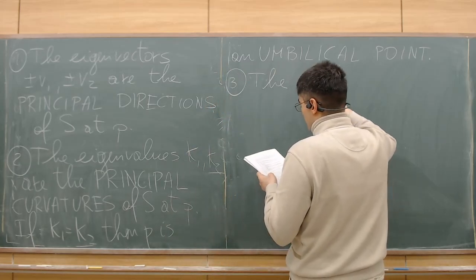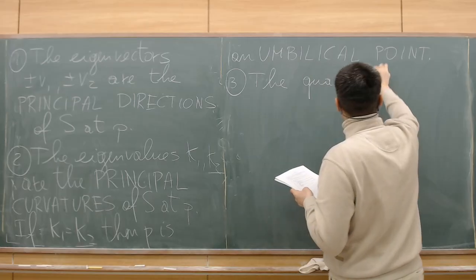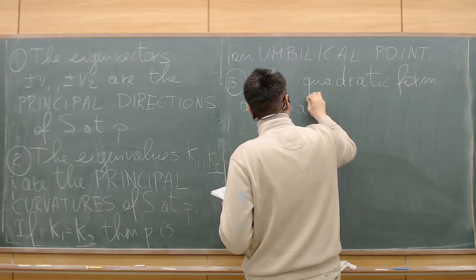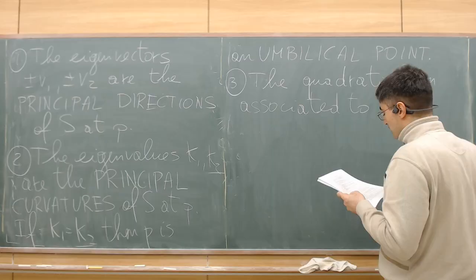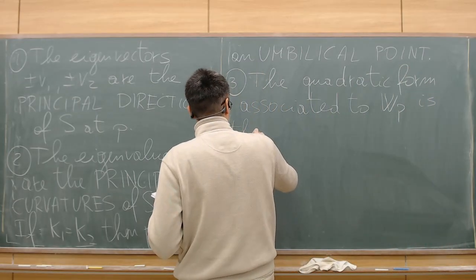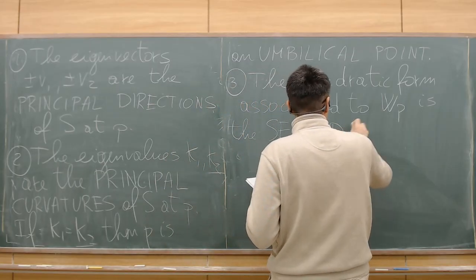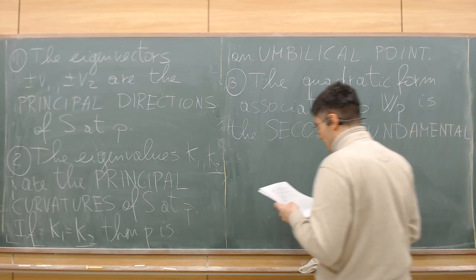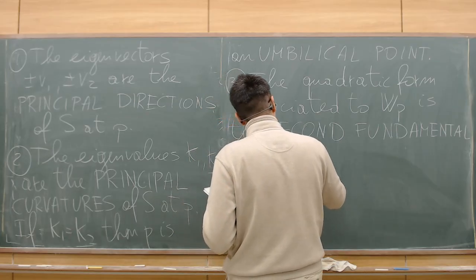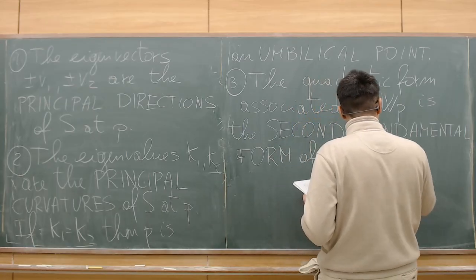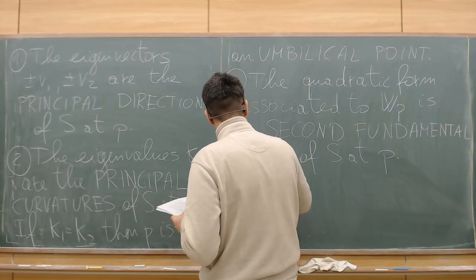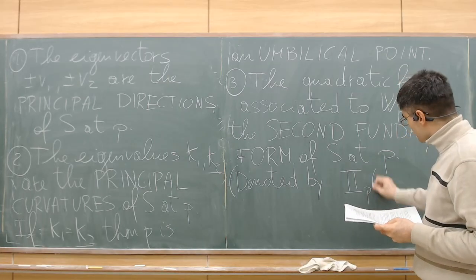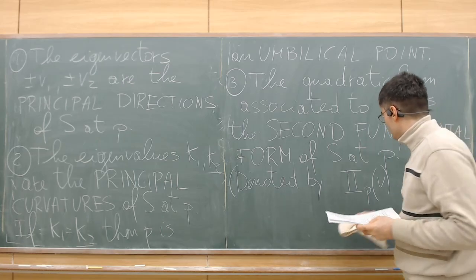Three, the quadratic form associated to the Weingarten map is the second fundamental form of S at P. This is denoted by this symbol, II P of V. Actually, I should write this way, sorry.